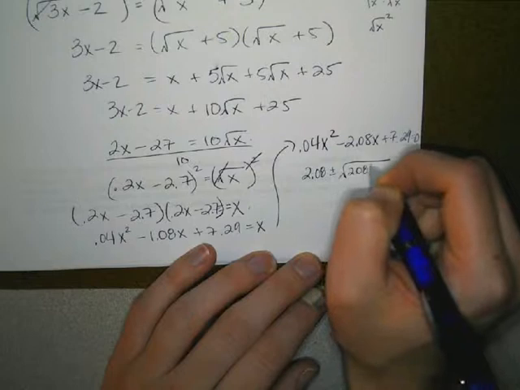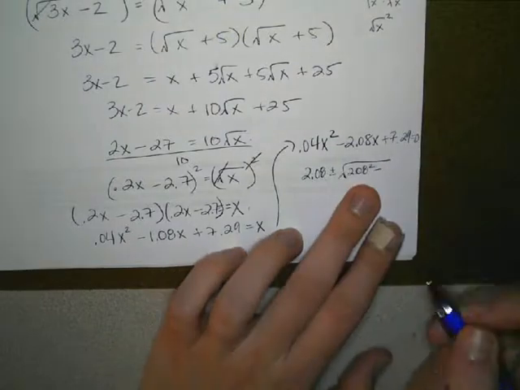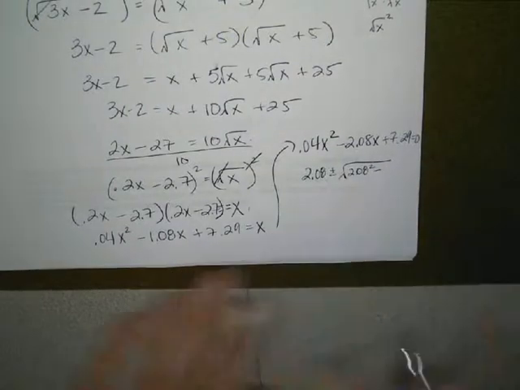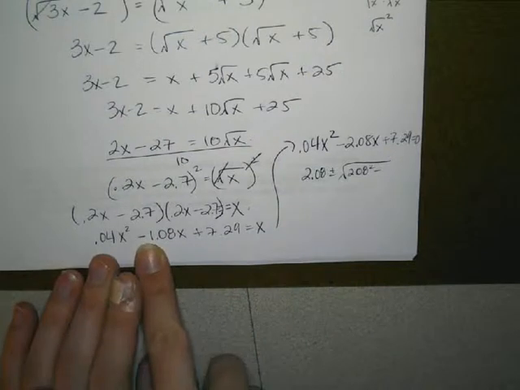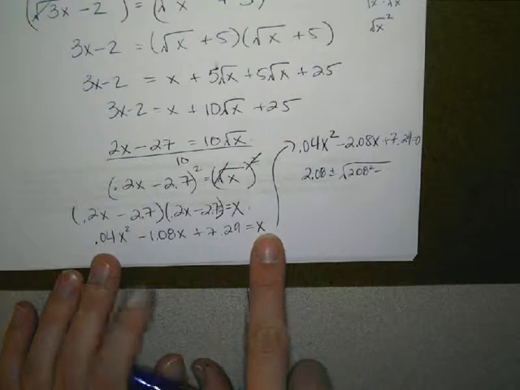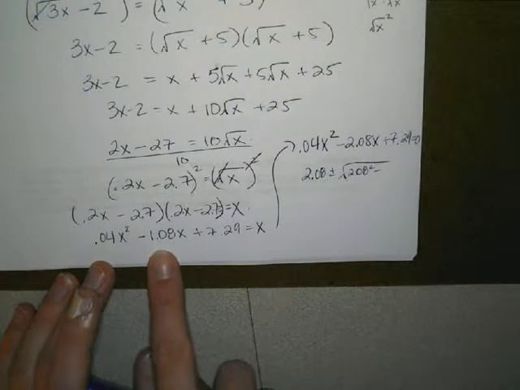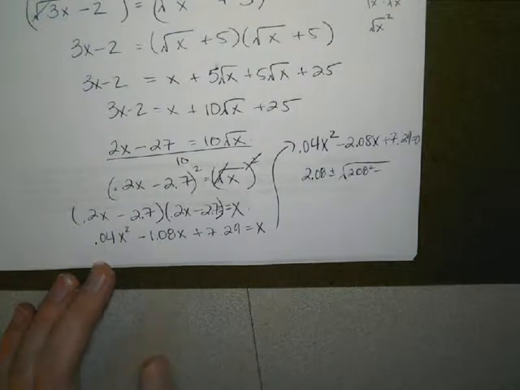Because I had to subtract x. So this is 1x. And if I take away another 1x here, I get negative 2.08. Because I have to get it equal to 0 to solve the quadratic formula.